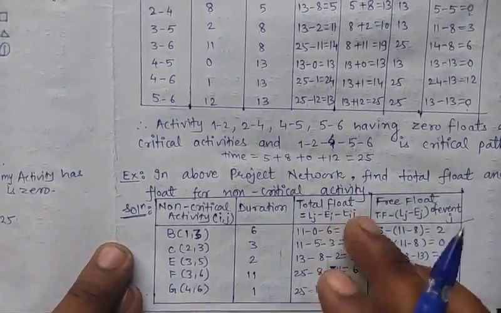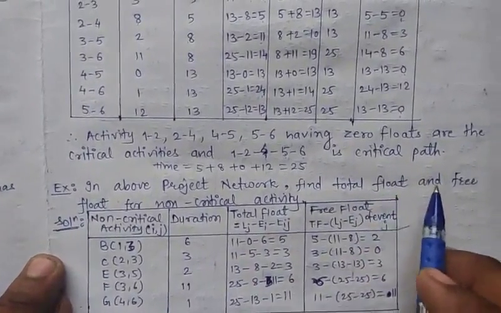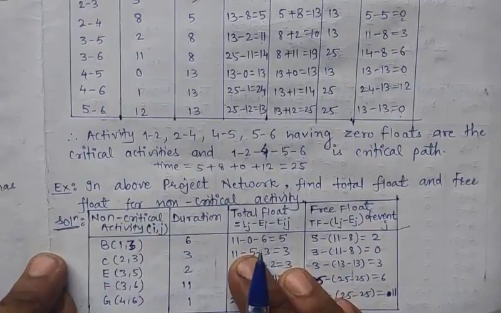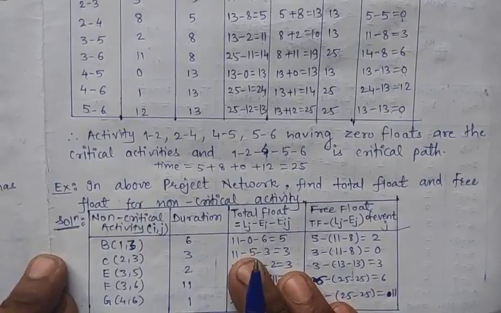So in the above project network, find the total float and free float for the non-critical activities. So what is a non-critical activity?